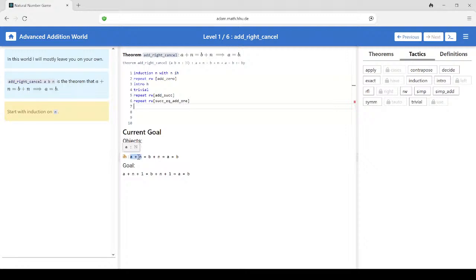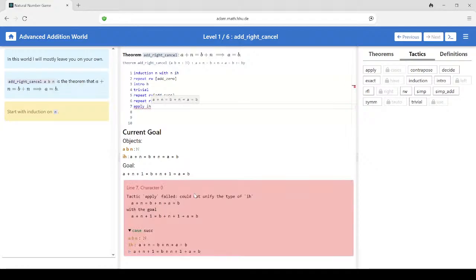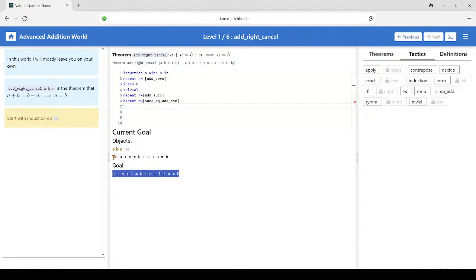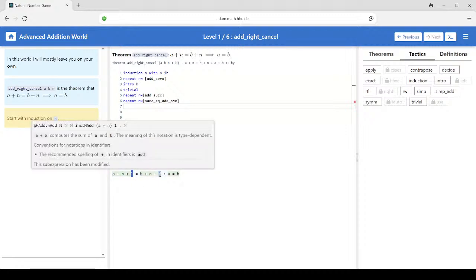We're very close to having this. If the ones weren't here... I have to prove that this is the same as this. Plus 1.